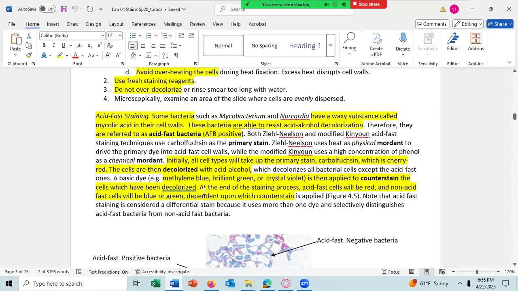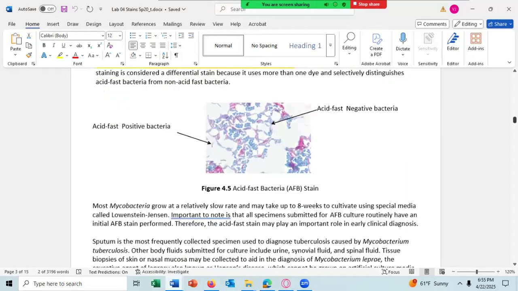And then the acid fast negative cells will stain either blue if using methylene blue or green if using brilliant green. So the acid fast positive cells are reddish or pinkish, and the acid fast negative cells are greenish or bluish. Any question about that?